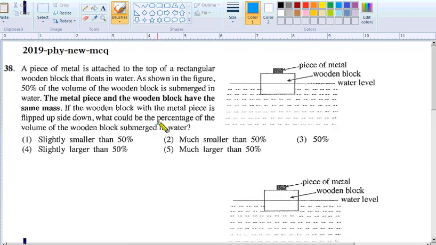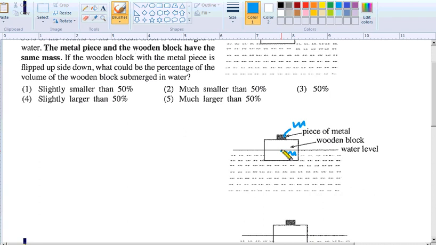So they say the masses are equal. Mass of this wooden block, say M, and mass of this metal block also M. So total weight we can mark like this. It is 2 times mg, because M plus M is 2M times g.